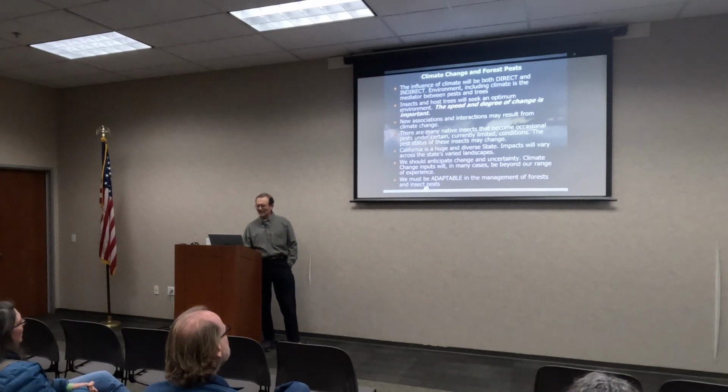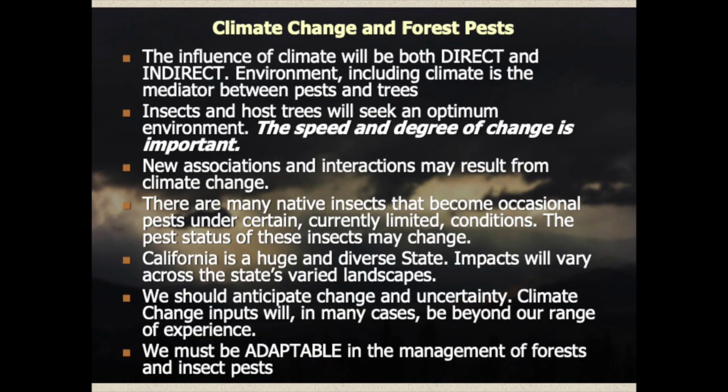Because I mentioned climate quite a bit, I just had some closing things to say about climate, and I'm just going to touch upon each one of these little points. The effect of climate is both direct and indirect. For example, direct would be warming temperatures, insect life cycles becoming longer and more devastating in terms of pests being able to attack trees.